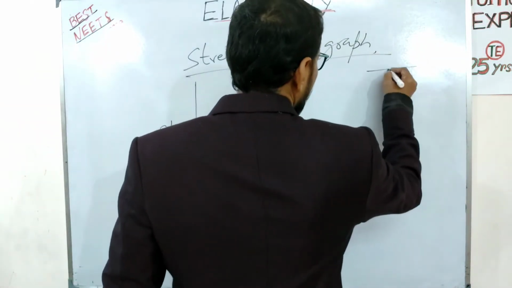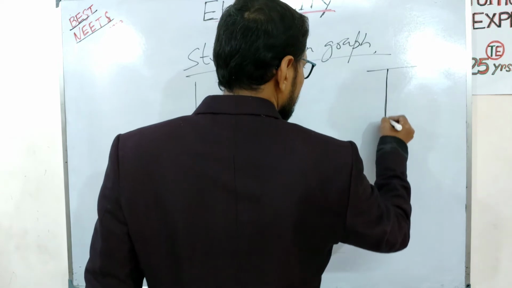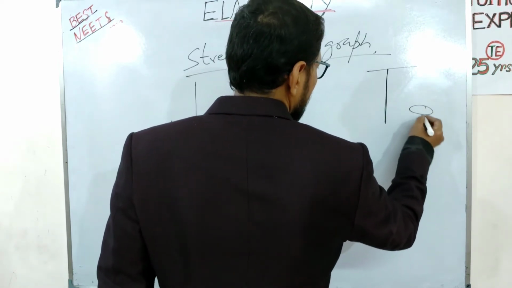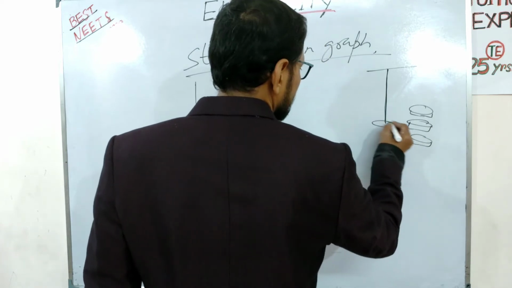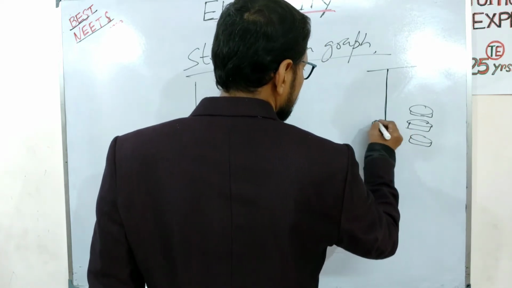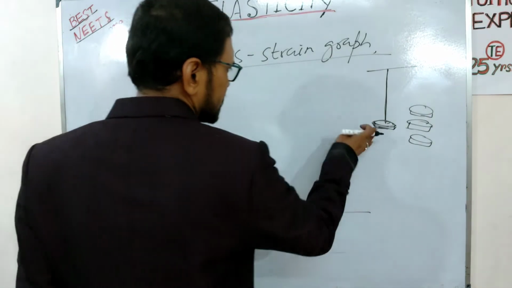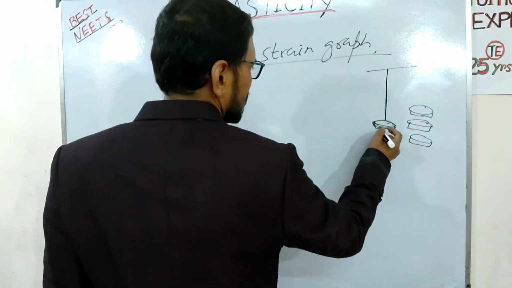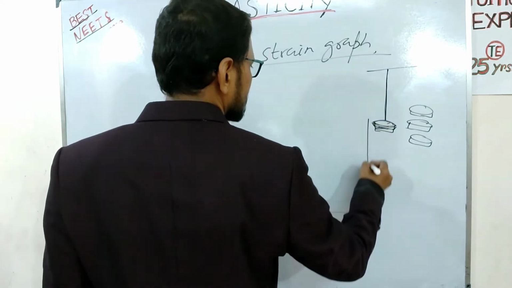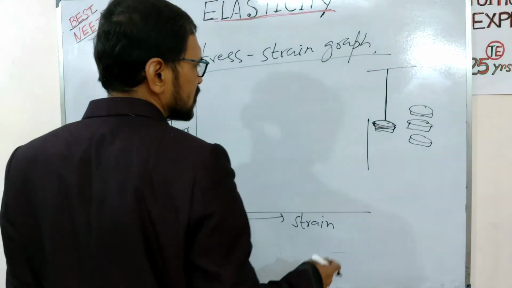Suppose this is a wire and there are some weights. We place the weights at the end of the wire one by one gradually, and we notice the increase of length of the wire.